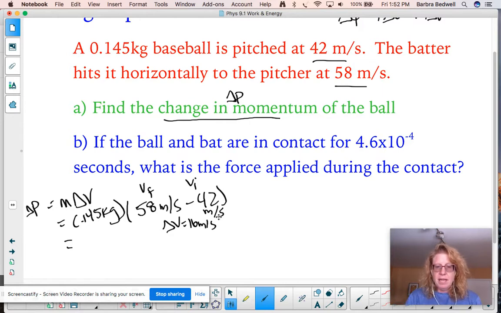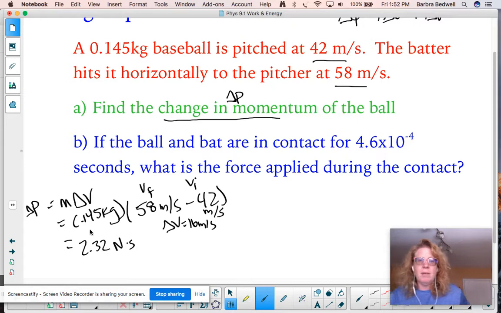So 16 times 0.145 gives me a change in momentum of 2.32. It's actually Newton seconds, our impulse for this. It's kind of weird: kilogram meters per second is the final unit, or Newton seconds.